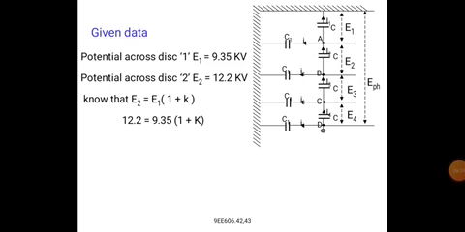From this we have to find the value of K. 12.2 is equal to 9.35 plus 9.35 K. So 12.2 minus 9.35 is equal to 9.35 K. So K is equal to (12.2 minus 9.35) divided by 9.35, so K is equal to 0.3048.